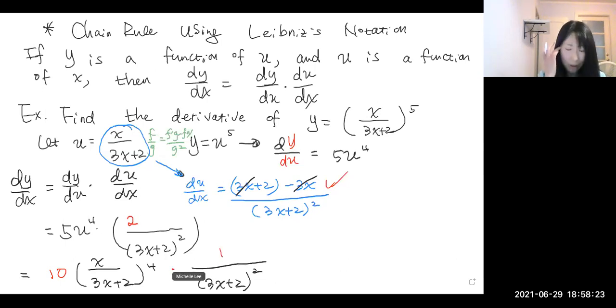Okay, then look, the exponents we can combine, right? So we have 10 x to the 4th power.